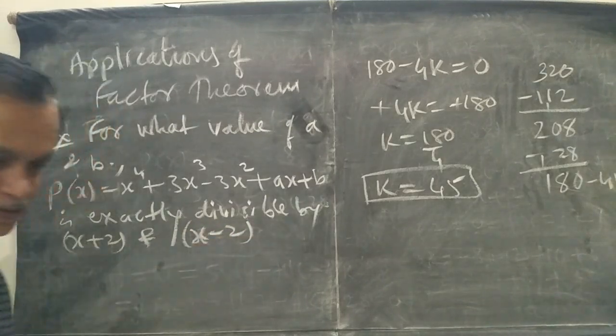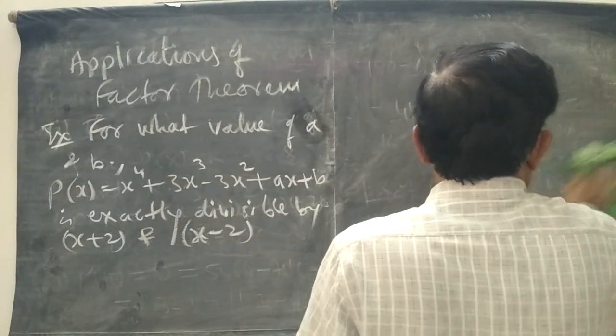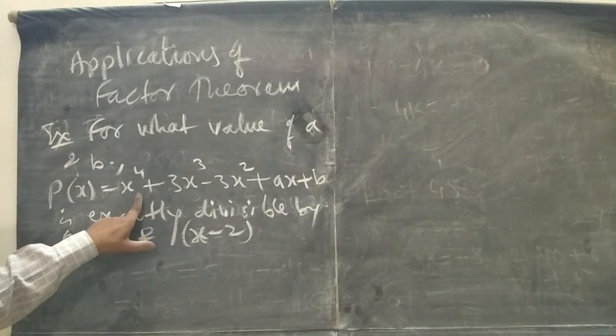Check the signs. We are simply checking if this is exactly divisible by this and also by this. For both cases, the remainder should be equal to 0.